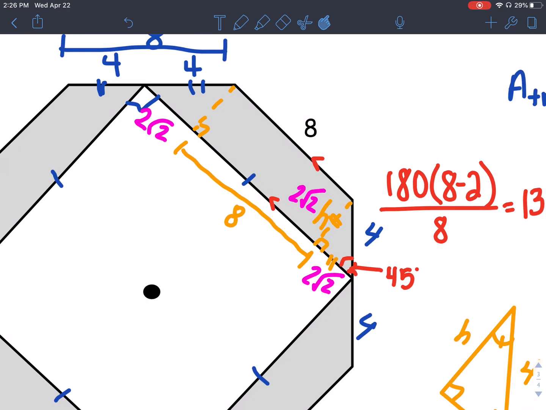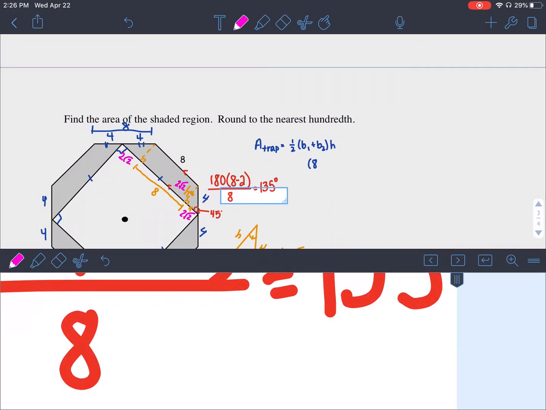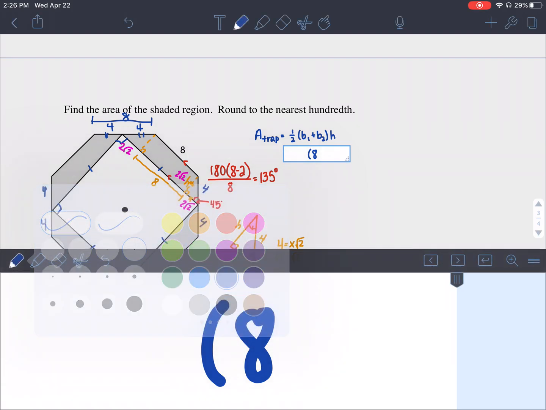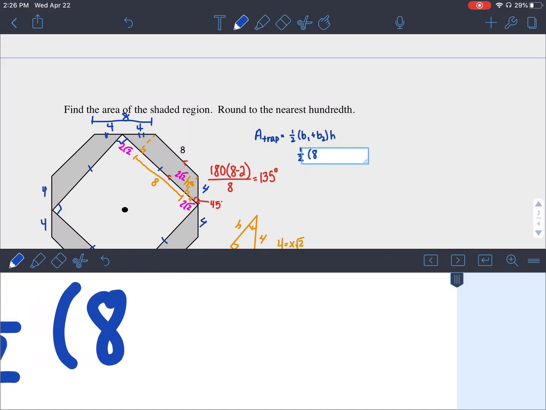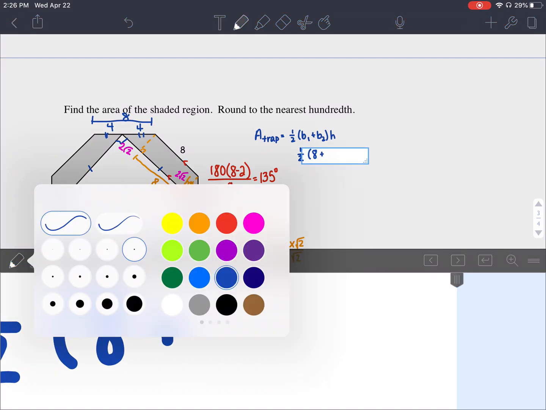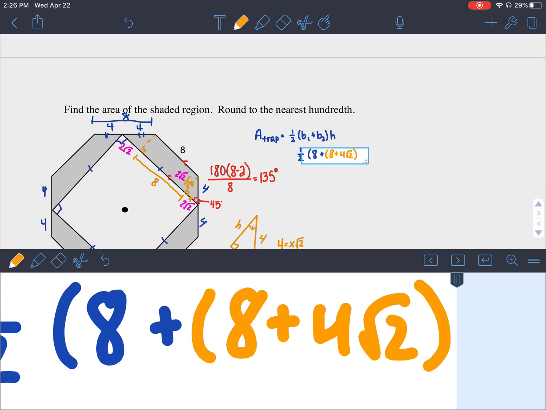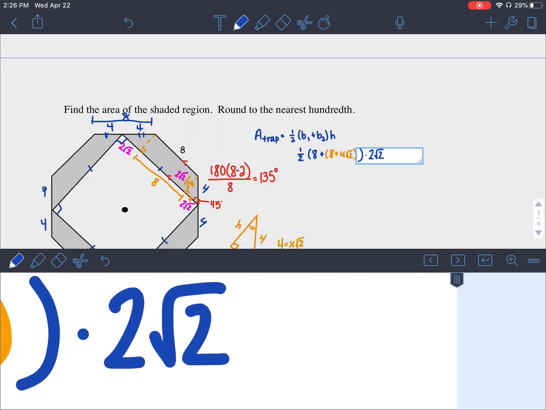So now I can fill in that missing information, which I'm going to use so that we could still see that picture. So I still have the 1/2 from before, 1/2 base 1, which was given to me, plus base 2, which if I look at that is 8 plus 2 root 2 plus 2 root 2, which is 4 root 2, times my height, which was 2 root 2.